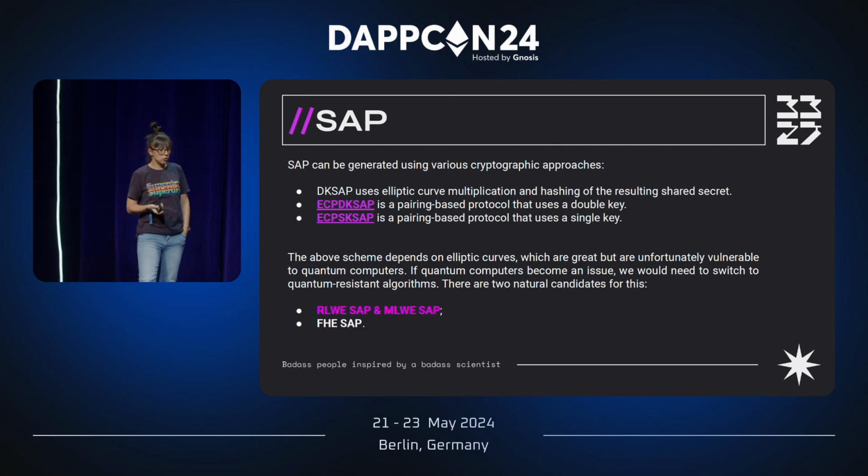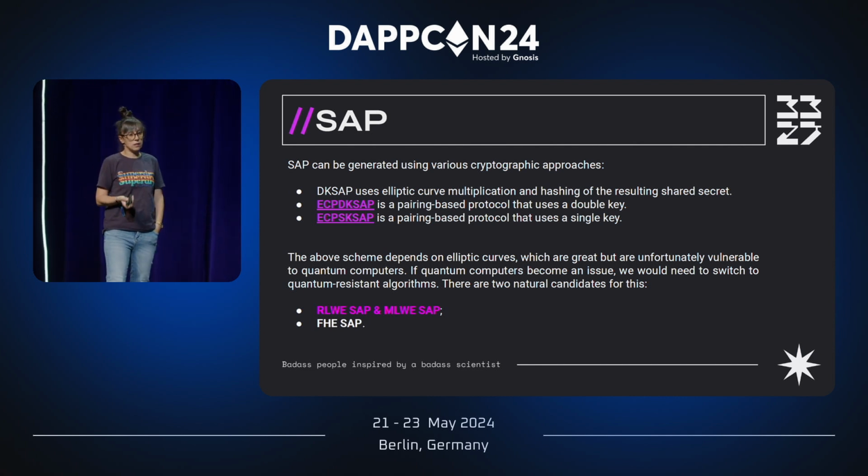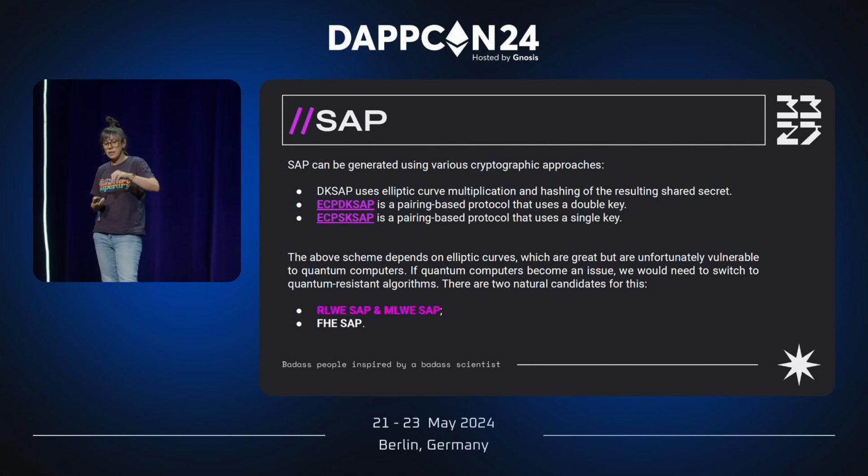We have two protocols. One of them is with double key, and the second one with single key. This one with single key includes only one number, and from this number you can obtain the viewing key and spending key. So you have double keys, but you have just one number, and from this number you will obtain two keys.